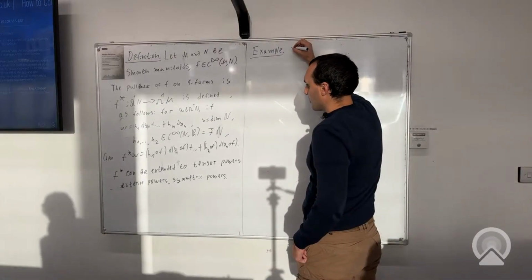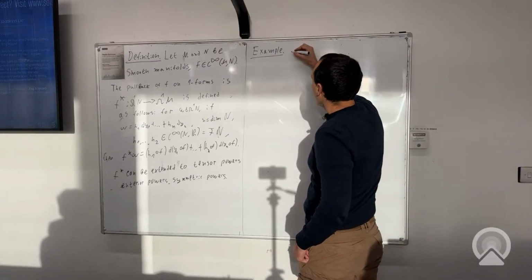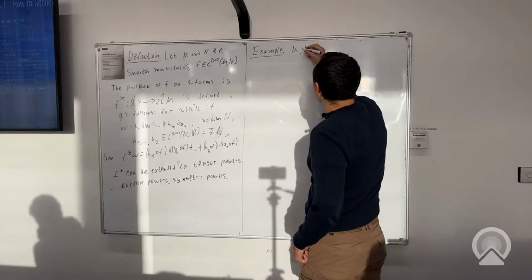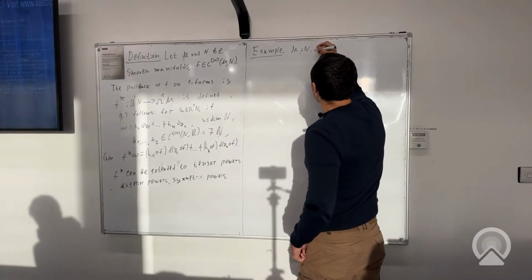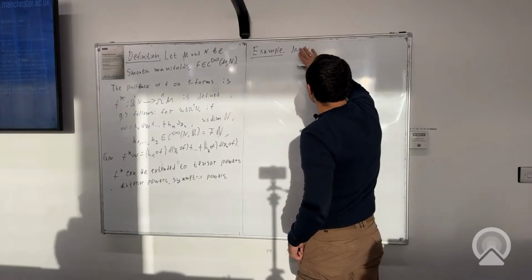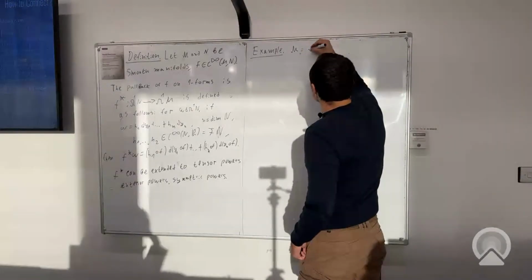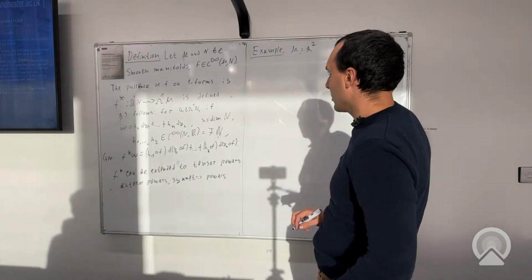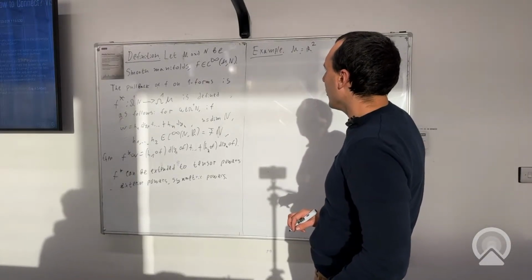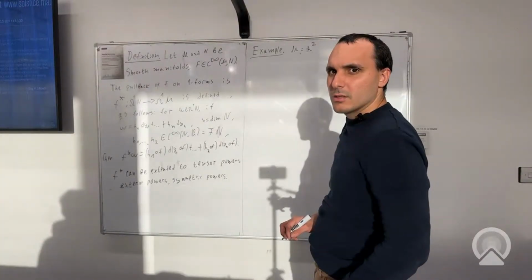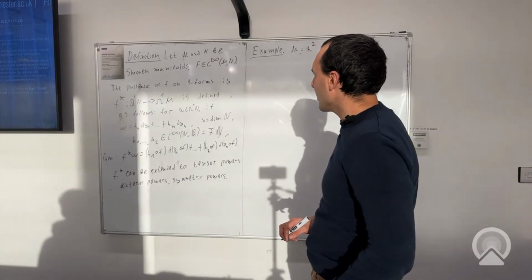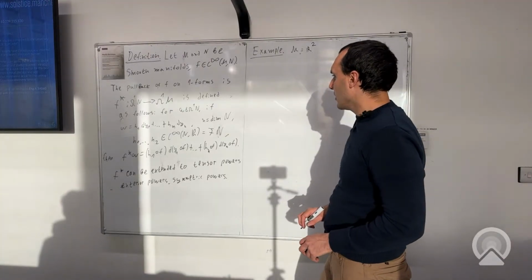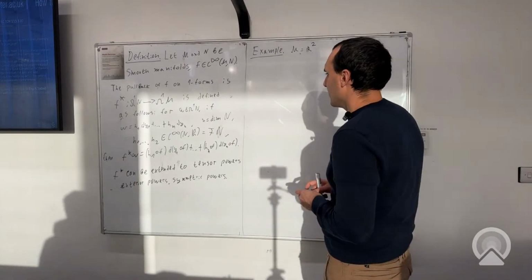So let M and N be, let's say, M is R squared. Sorry, were M and N both n-manifolds? No, only N. N is only the dimension of N, not of M. M can be arbitrary.